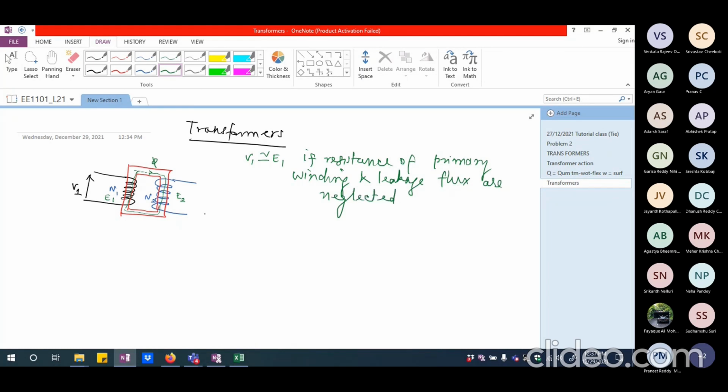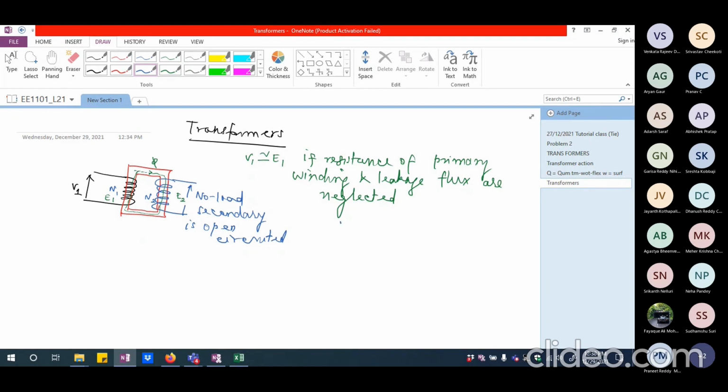The same way, I will have essentially an E2 induced on the secondary side, and there is hardly any current flowing on the secondary side if I don't connect any load. This is no load, or open circuit. Secondary is on open circuit. In which case, I am going to have a voltage at the terminal, which is also incidentally equal to E2 because there is no drop.